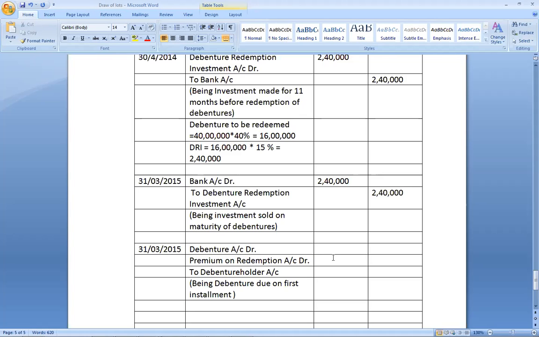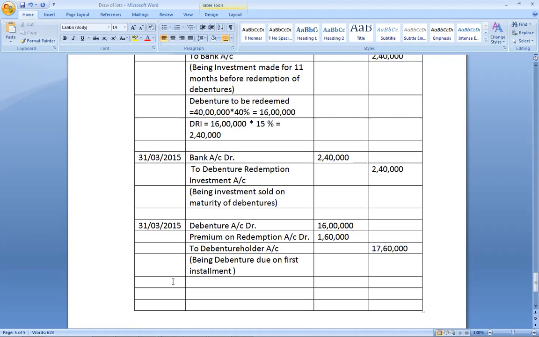If you see, the amount is 16 lakhs face value with 10% of 16 lakhs, 1,60,000. Total is 17,60,000. The debenture holder is asking 17,60,000 from the company on maturity, so we have to pay this amount.